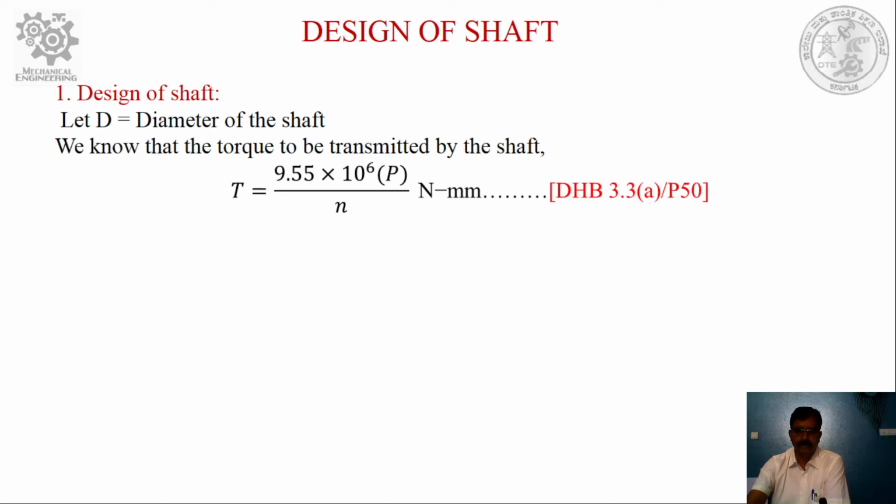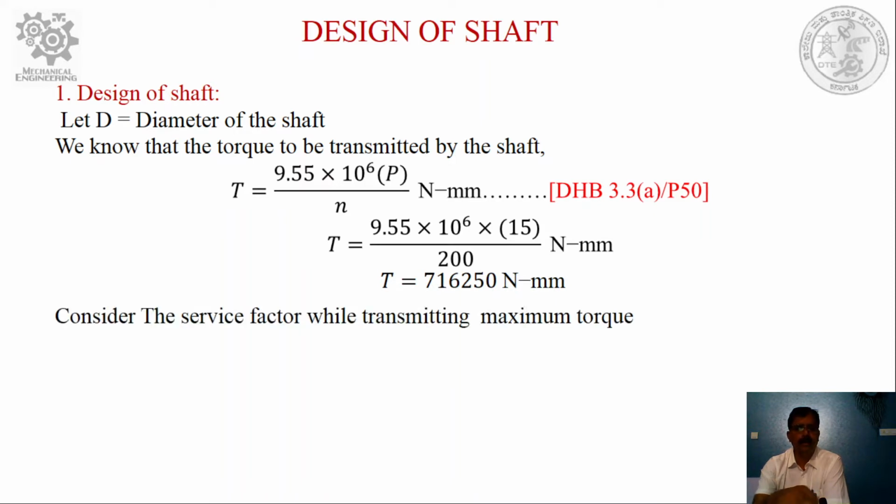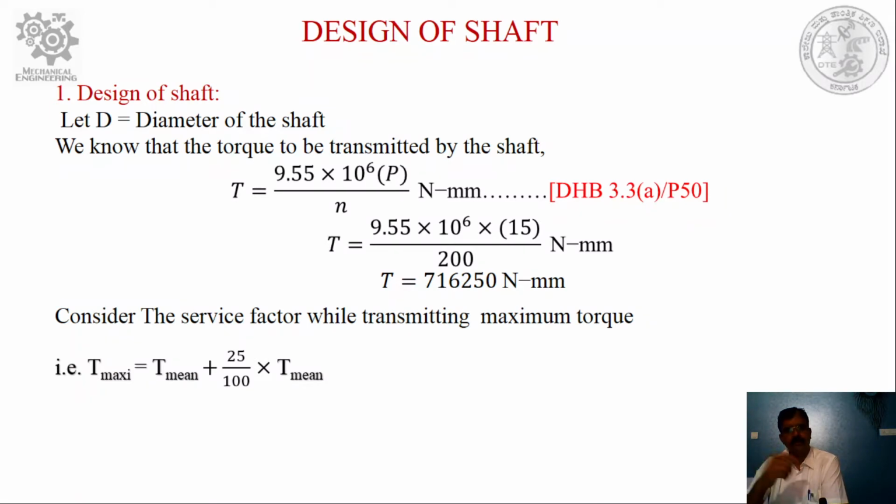Now here, substitute the values of P and N and calculate the T mean. What we obtained for the torque T here is the average or mean torque. Now consider the service factor while transmitting the maximum torque, that is T maximum is equal to T mean, what we obtained from the above equation, plus 25 divided by 100 into T mean.